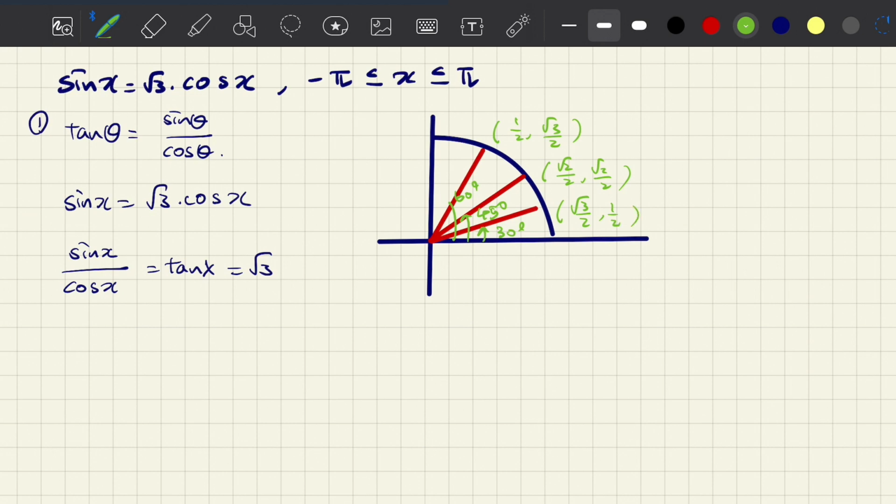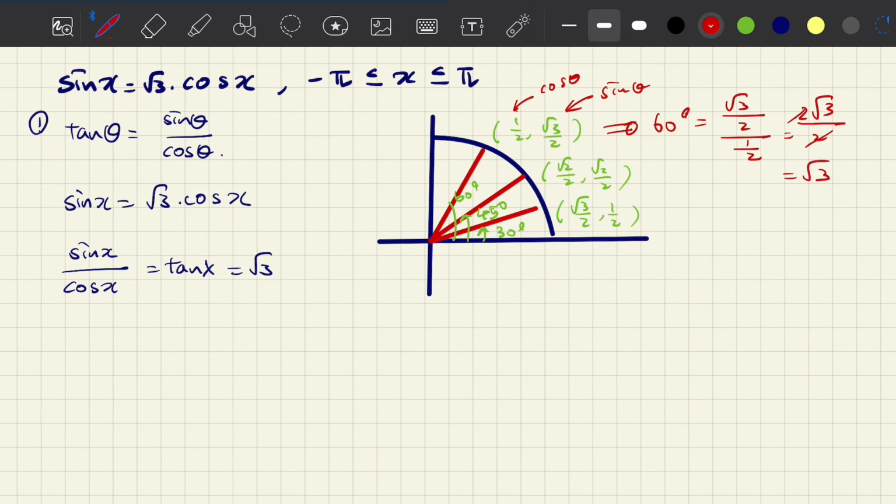The first one is the cosine and the second one is the sine, and we know tangent theta is the same as sine theta over cosine theta. Using this rule, when the angle is 60 degrees, we have square root 3 over 2 over 1 over 2, which is sine theta over cosine theta, which gives us 2 square root 3 over 2, that simplifies into square root 3.